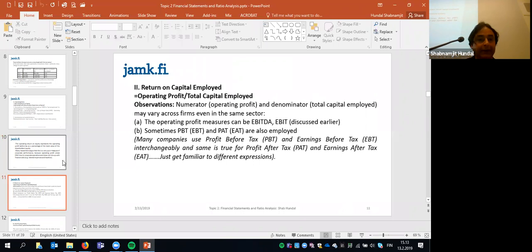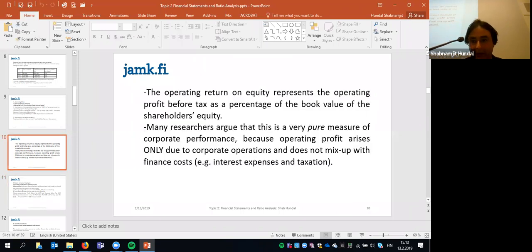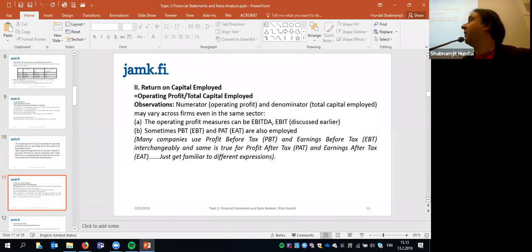The next one is return on capital employed. Once again, the numerator is operating profit. Needless to say, we shall only take net operating profit.